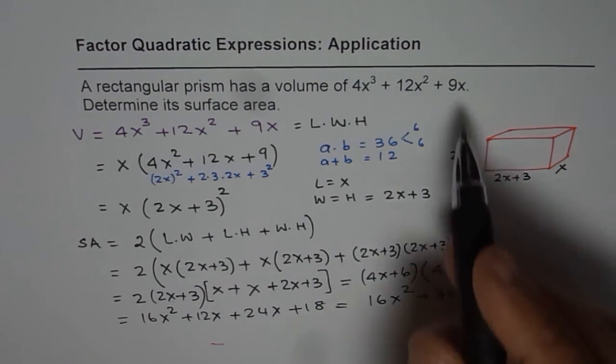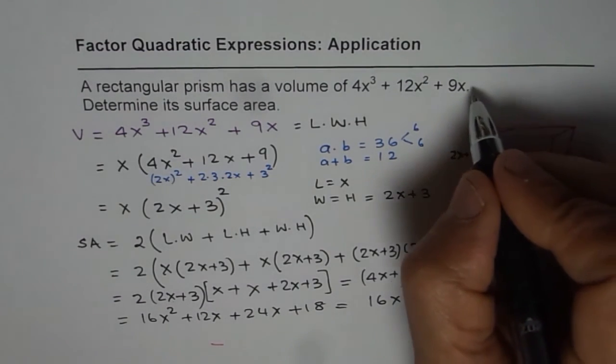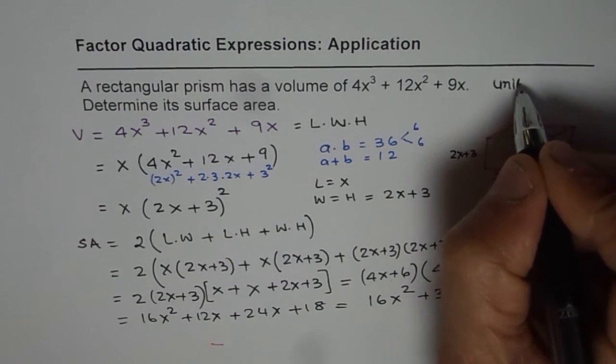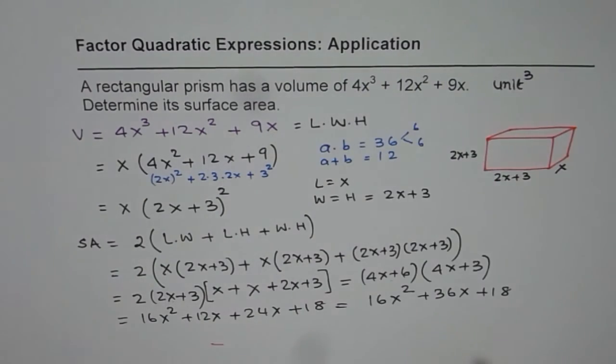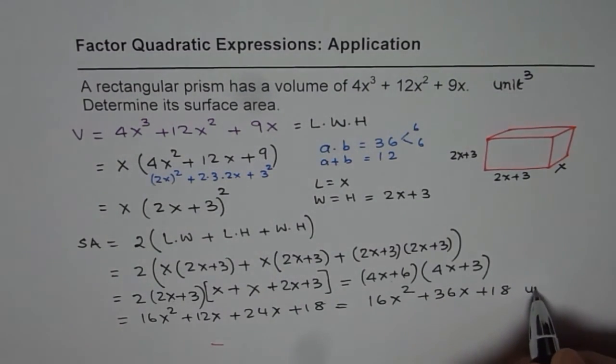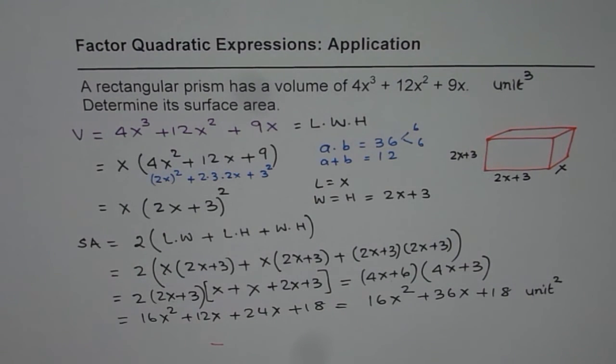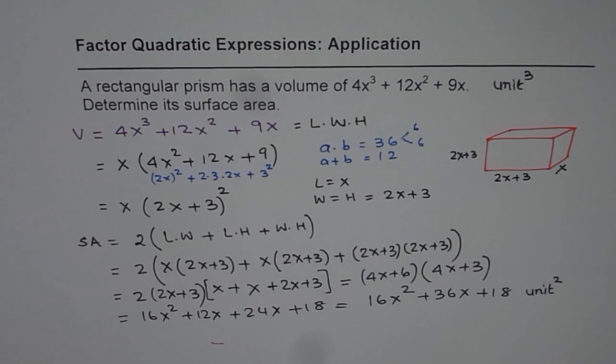Now, we're not given the units anyway. If the units are, let us say, unit cube for the volume, then the units will be whatever units square for surface area, right? Well, that is how you can find the surface area from the given volume of a rectangular prism.